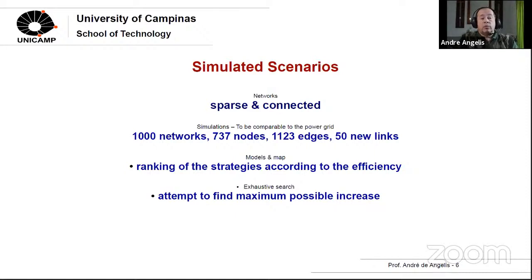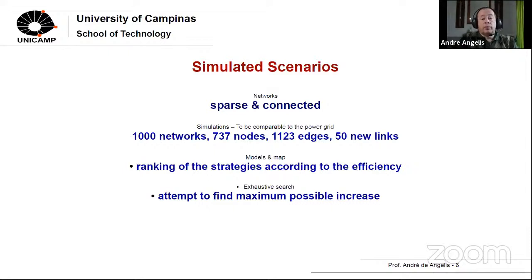We simulated some scenarios. Both the networks of the models and the map are sparse and connected. We prepared 1,000 realizations of each model, and to be comparable with the power grid, we used the same order and same size for all the networks.